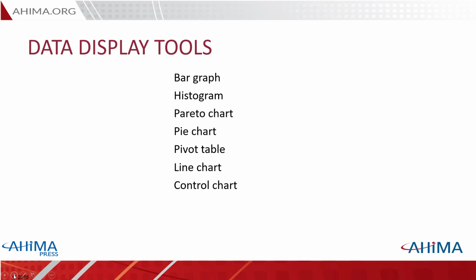And last we have the control chart. Now the control chart is a little more complex. It's a chart that shows a visual representation including the standard deviation. What it does is it shows the upper limit and the lower limit. It's used to measure a key process over time, and it focuses attention on any variation in the process.